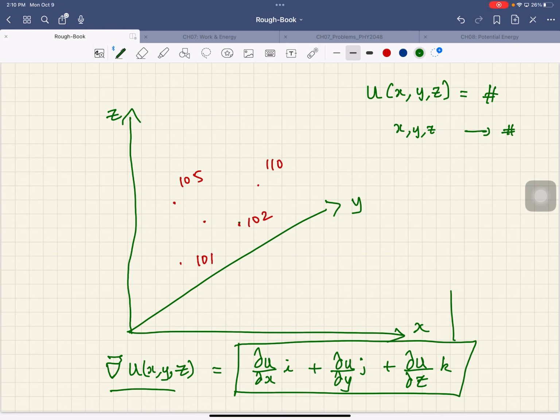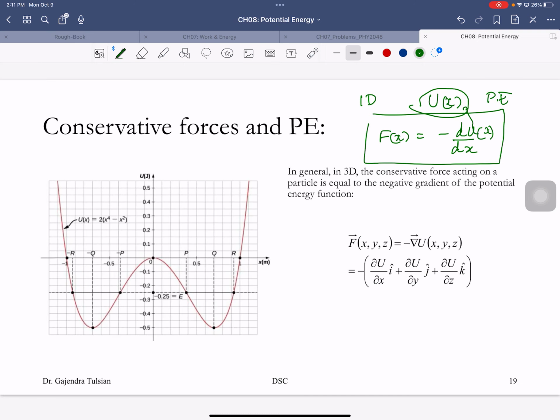Very good, my friend. So this gives you the fastest rate of change of u, the scalar valued function. The magnitude of this vector tells you the rate of change of u, and the direction tells you the direction in which it's changing the fastest. Yep. So that's the gradient operator.